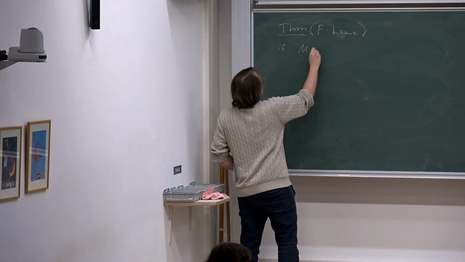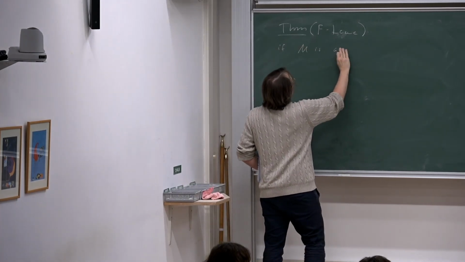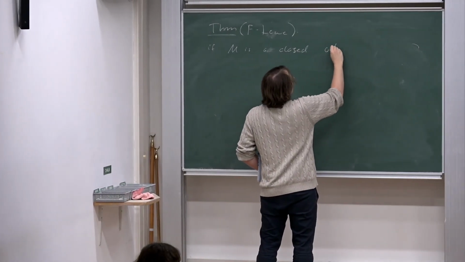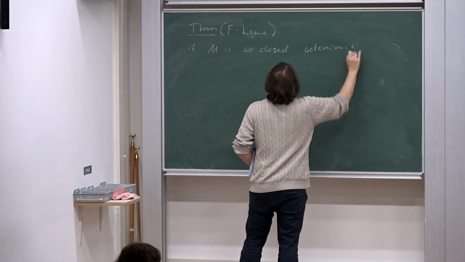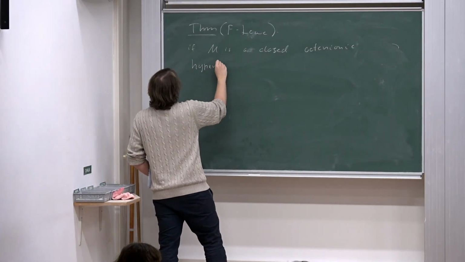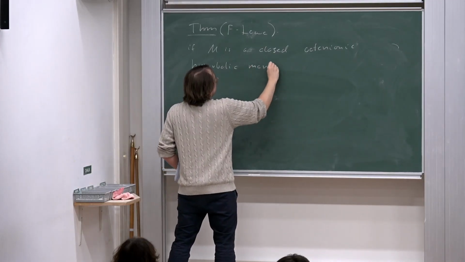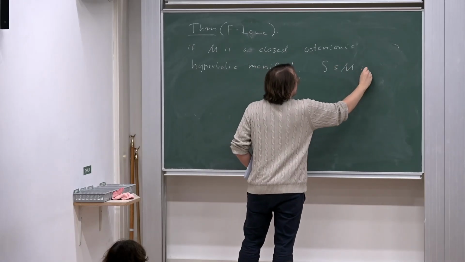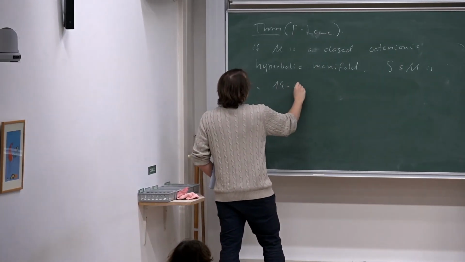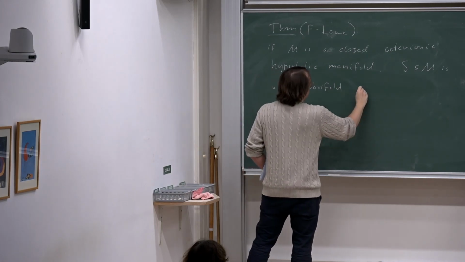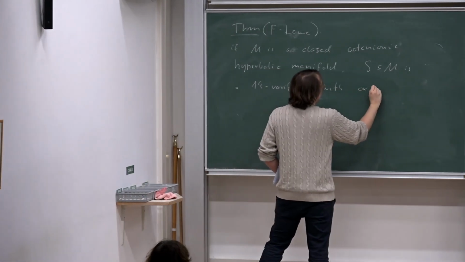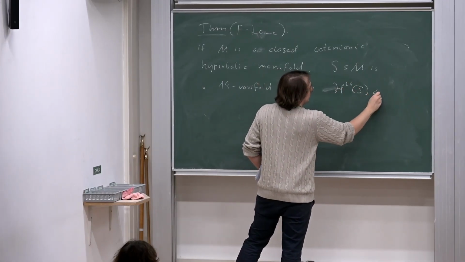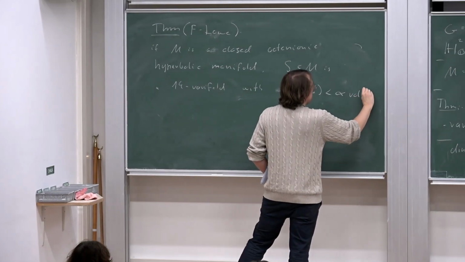So if M is a closed octonionic hyperbolic manifold, S inside M is a 14 varifold with 14-dimensional volume of S less than alpha times volume of M.